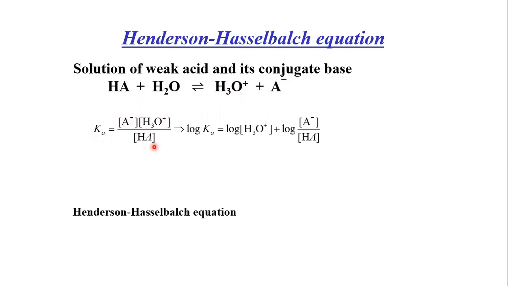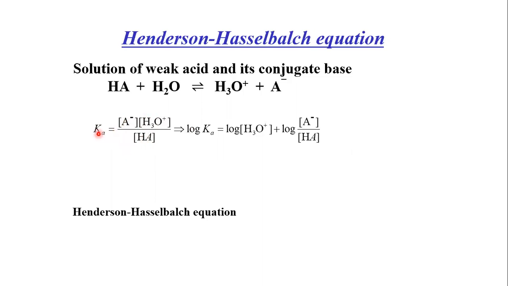Now, the unfortunate part, why we don't use this, is usually I don't have the concentration of A minus at equilibrium, right? So we have to find it through X, and we used to put X and C0 minus X and solve for the X.